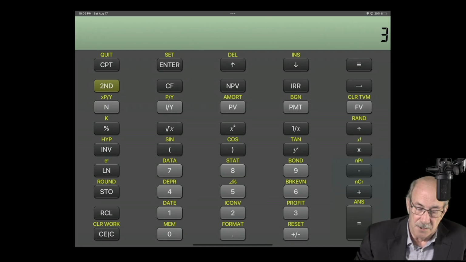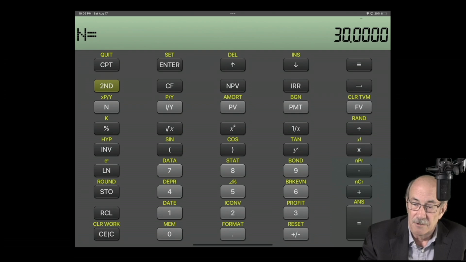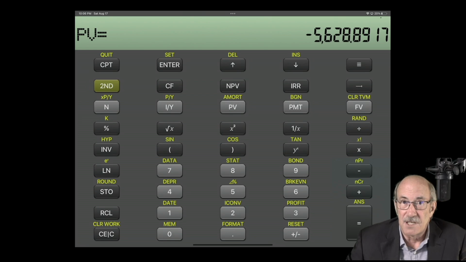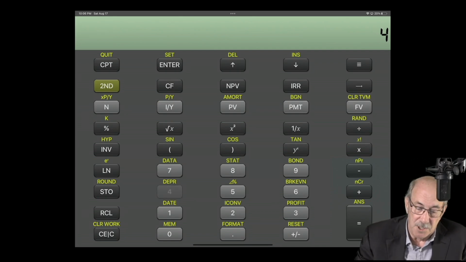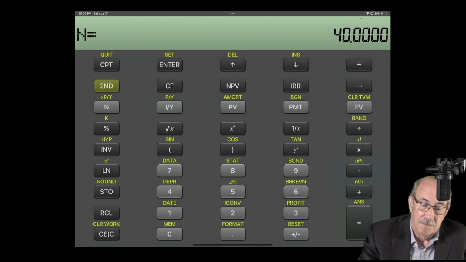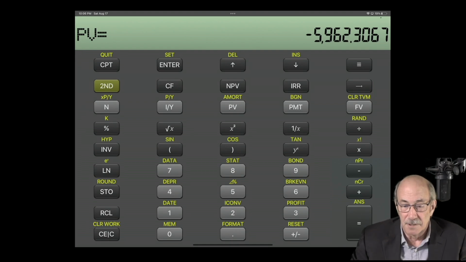Let's go 30 years and see what we get. Remember, that was 4,900. With 30 years, it goes up to 5,630 almost. So we're up a good bit. How about 40 years? 5,962. Oh, we're getting very close to 6,250, aren't we?